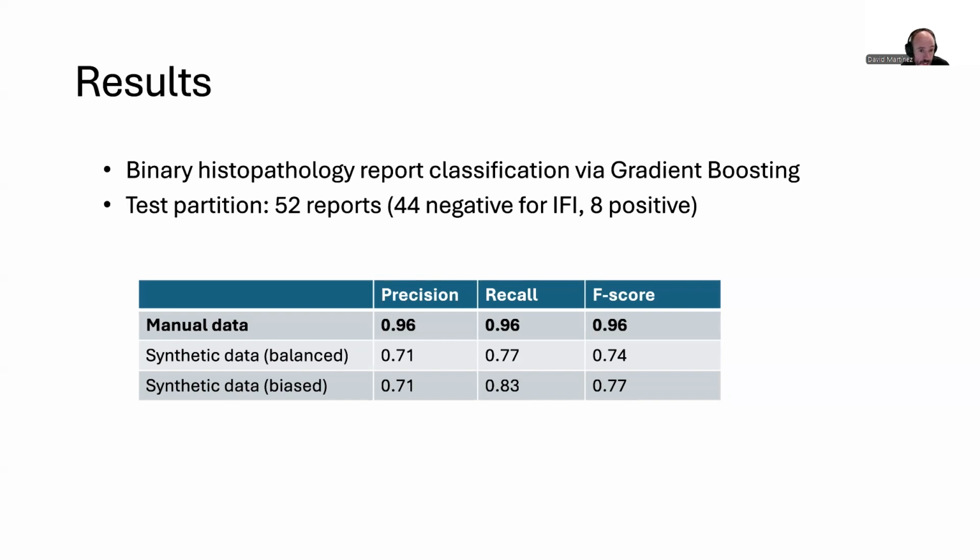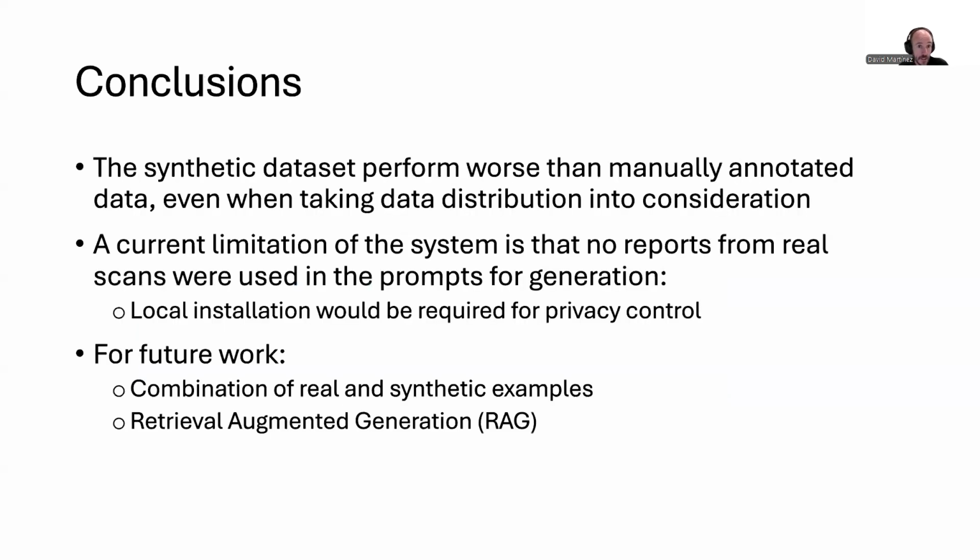And when we use the synthetic data, the results drop significantly, both in precision and recall, and even when we consider the distribution of CFIR. So the results are much lower for synthetic. And this is the main conclusion of this experiment, that when we use synthetic data out of the box, we can expect a big drop in precision and recall.